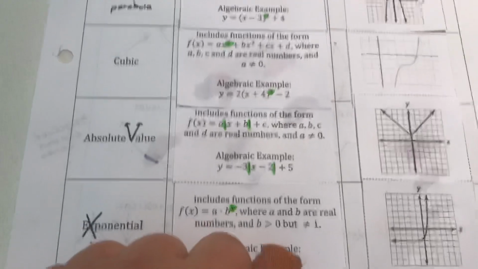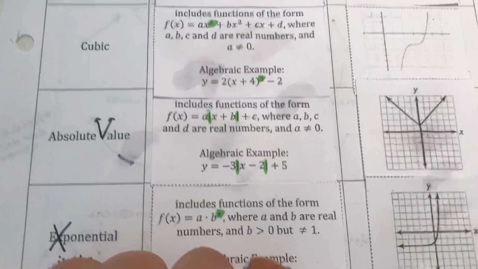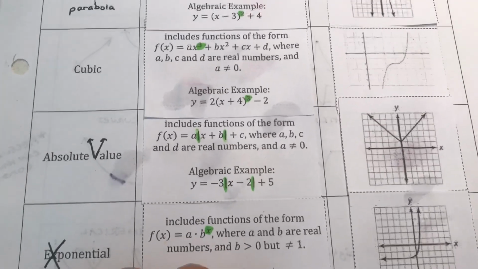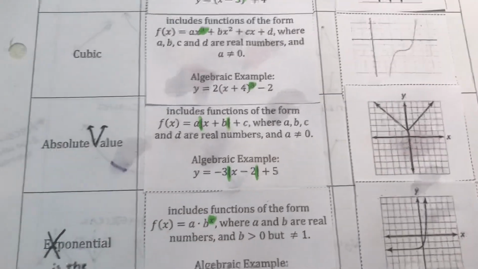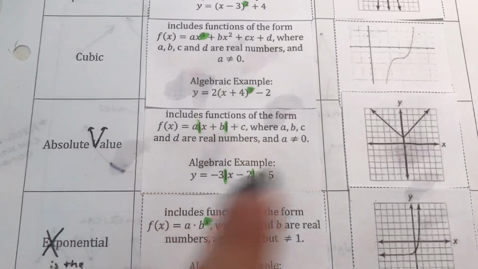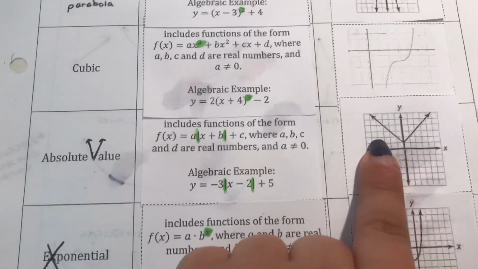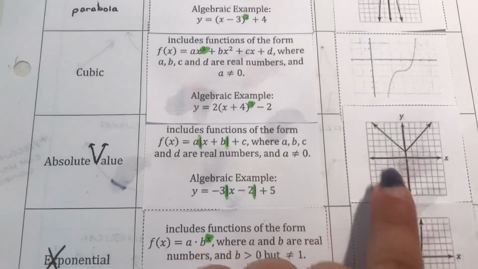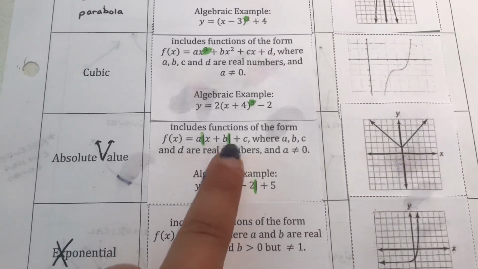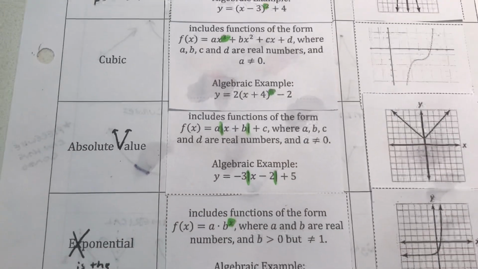They're called absolute value brackets. You've learned them before, but we will review them at some point this year. For now, what you need to know is that absolute value is shaped like a V on the graph in some direction and somewhere, and will be formed by these brackets in the equation.